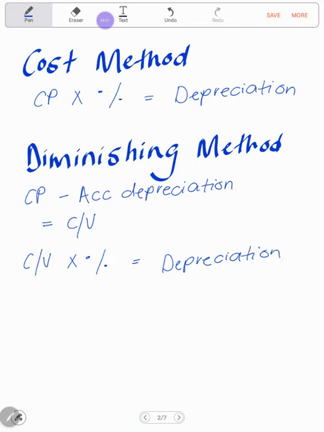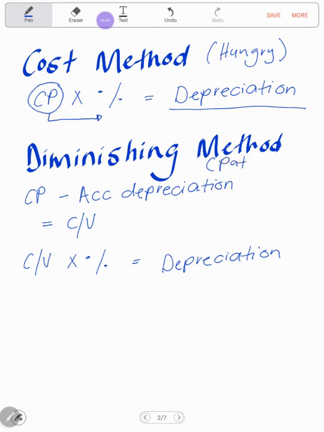So the explanation I used for the cost method is the hungry lion. He's hungry, he's not going to wait for anyone, he wants to go straight in for the kill. Remember the cost price represents the lion, he goes straight in for the kill by multiplying it by the percentage to get the depreciation. However, the diminishing balance method is the patient lion.